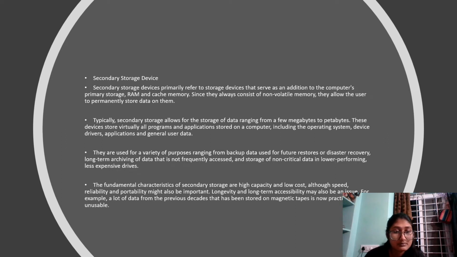Secondary storage devices primarily serve as an addition to the computer's primary storage, RAM and cache memory. Since they consist of non-volatile memory, they allow the user to store data on them permanently.